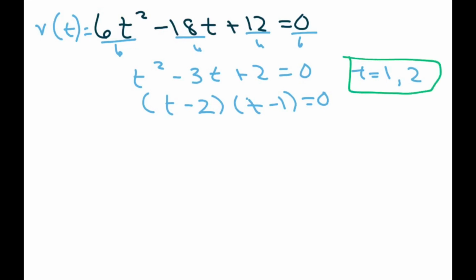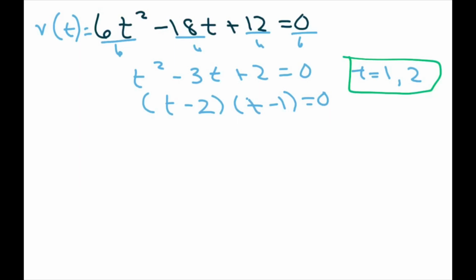Now we have to write an expression for x(t), the position of the particle. We know that x(t) is your original type of function. The derivative of the position with respect to time is velocity.